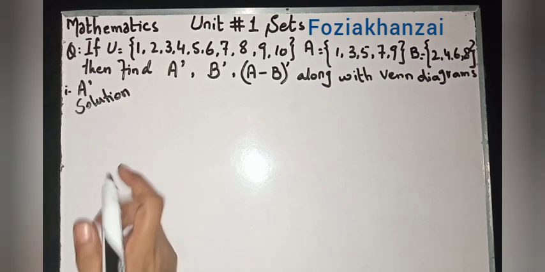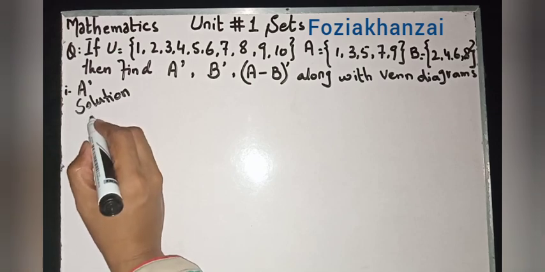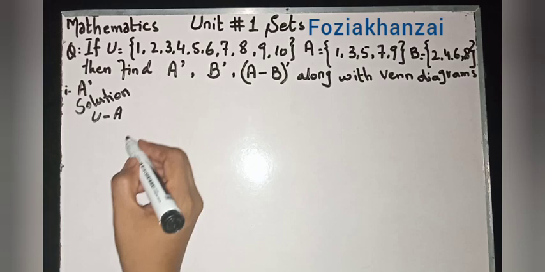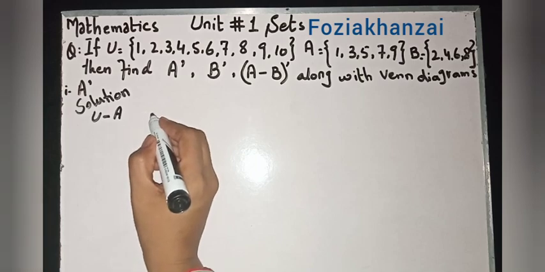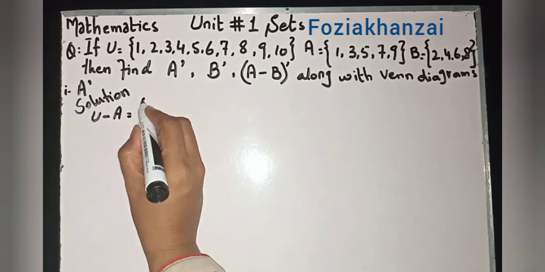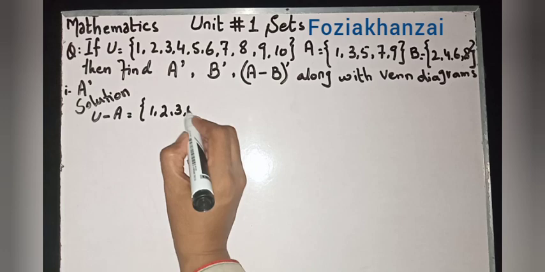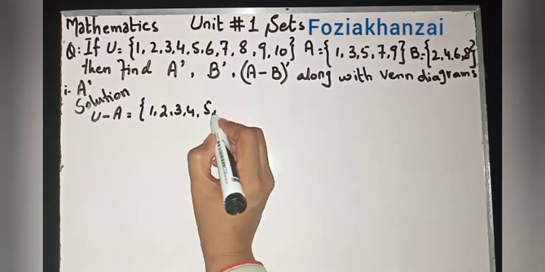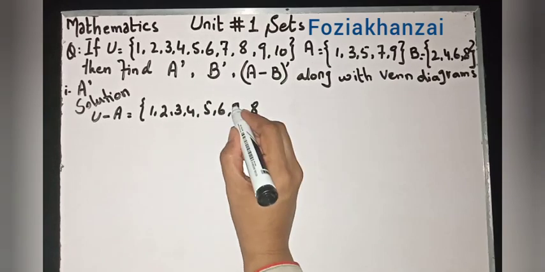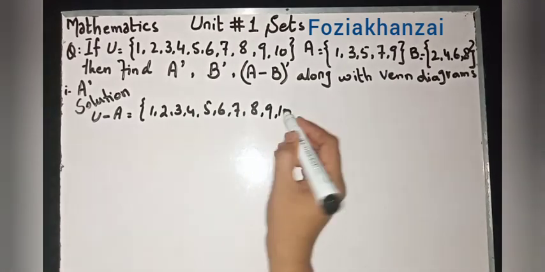Okay, now first we solve A complement. For A complement, U difference A. U difference A means first we write set U: 1, 2, 3, 4, 5, 6, 7, 8, 9, 10.